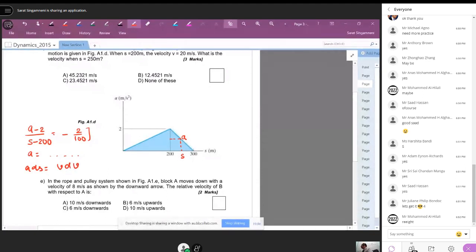Integrate both sides, use appropriate limits, and find the velocity by substituting s equal to 250 meters. You will get 23.4521 meters per second, which is C. Any question?